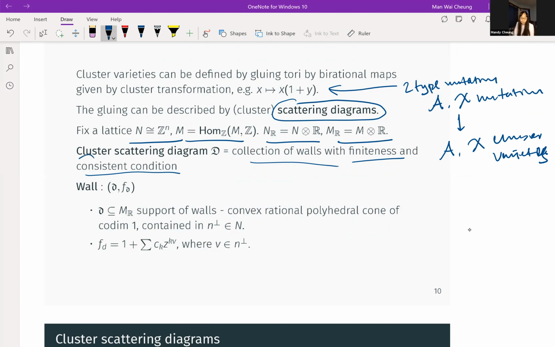And here we are not going to touch much on consistency, so I will assume the cluster scattering diagram already satisfies the consistency condition.